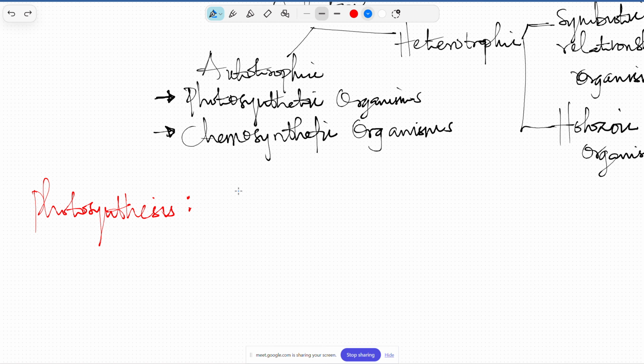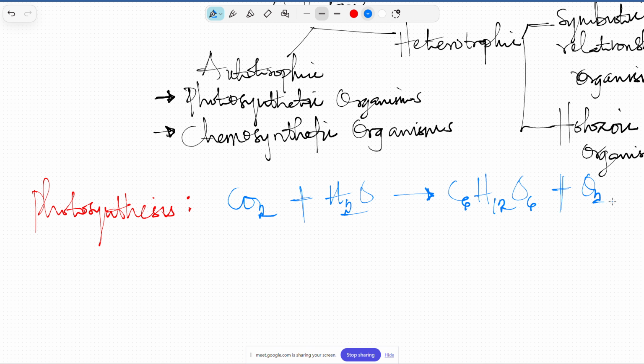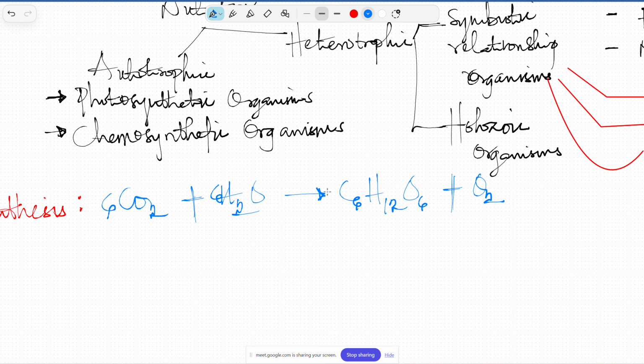The equation of reaction usually is we have CO2 plus H2O, that will give C6H12O6, and as well you have O2. To balance, you have 6 written there, and you have 6 here.